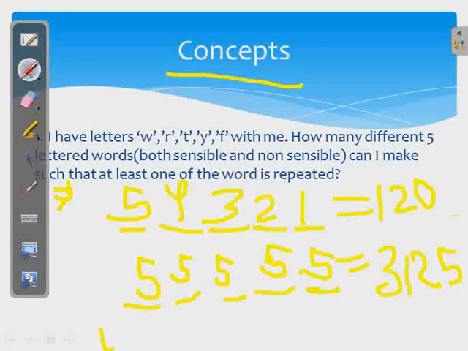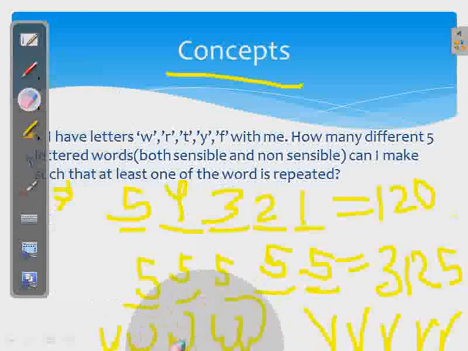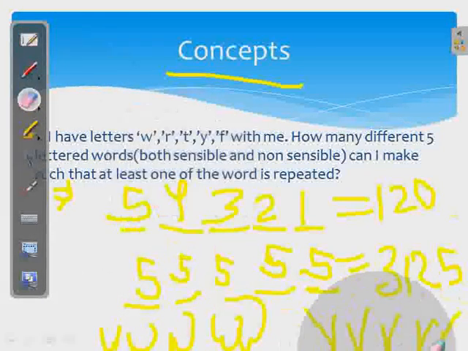Like this includes W, W, W, W, W as well, R, R, R, R, R as well, because there is no restriction here. Any letter can be repeated.